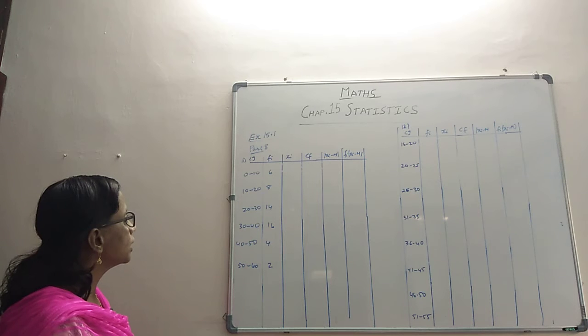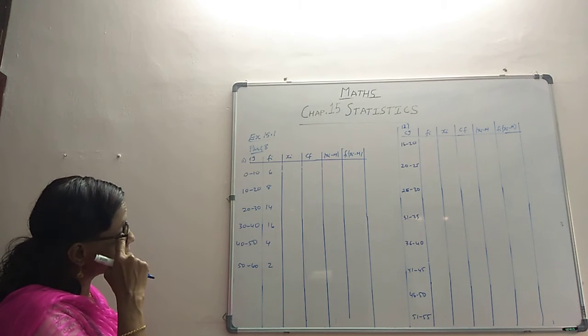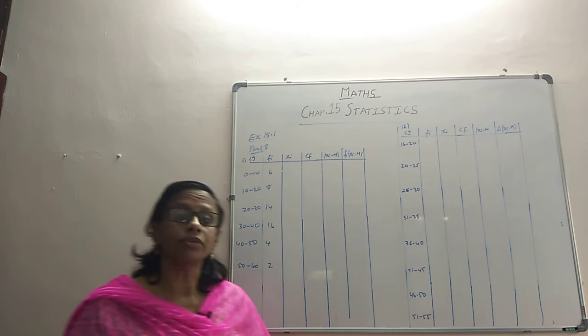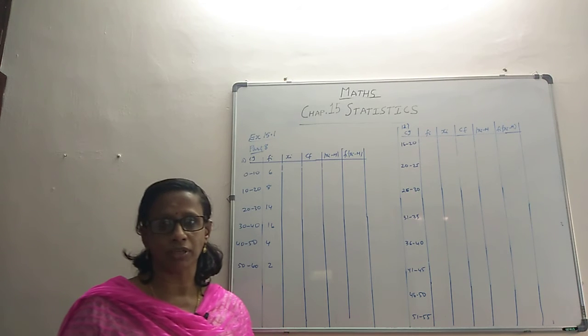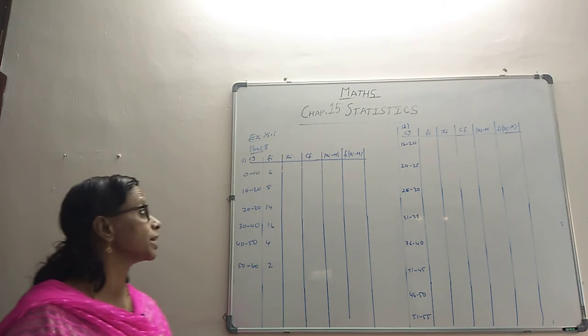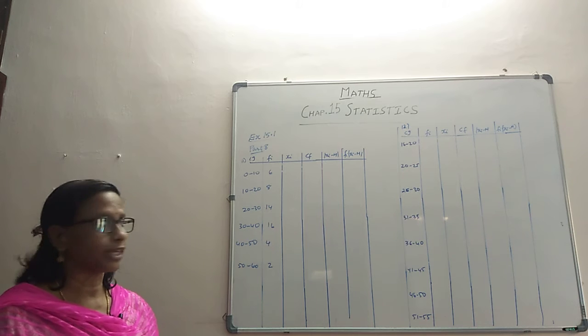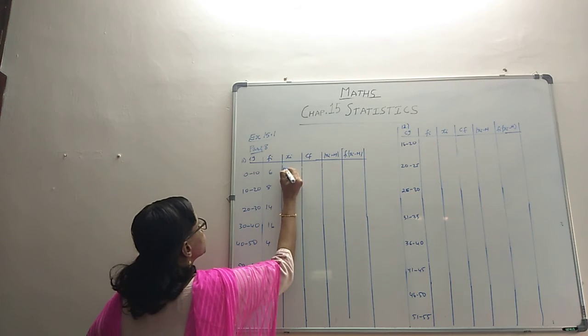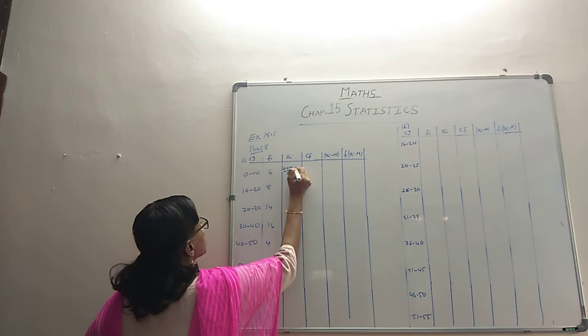So we are now with the class interval and the frequency. We know that for the median of a group data we always require the cumulative frequency. So let's make the cumulative frequency column and the xi column, and then work out the values. 0 plus 10 by 2, that is 5.